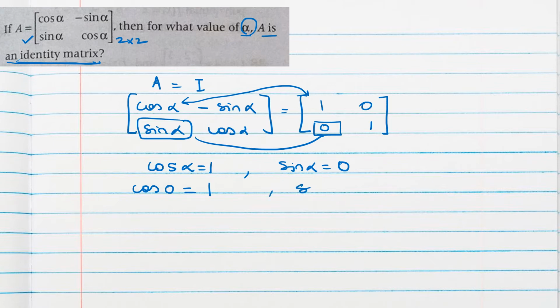Okay, and sin 0 is 0. That means alpha value can be 0 if we compare the second row first element of the matrix, and it is 0 if we compare the first row first element. That means in any case alpha value is 0. So alpha equals 0 is the answer.